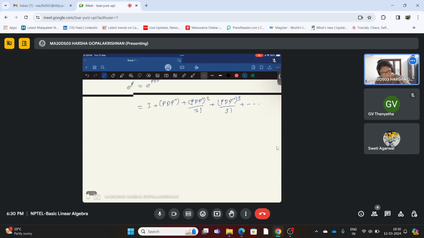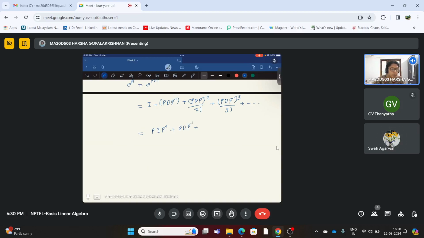Now, instead of I, I can write P P inverse. This is fine, right? Now this is P D P inverse. Now what is P D P inverse square? The middle P inverse P will be cancelled, so P D square P inverse by 2 factorial.